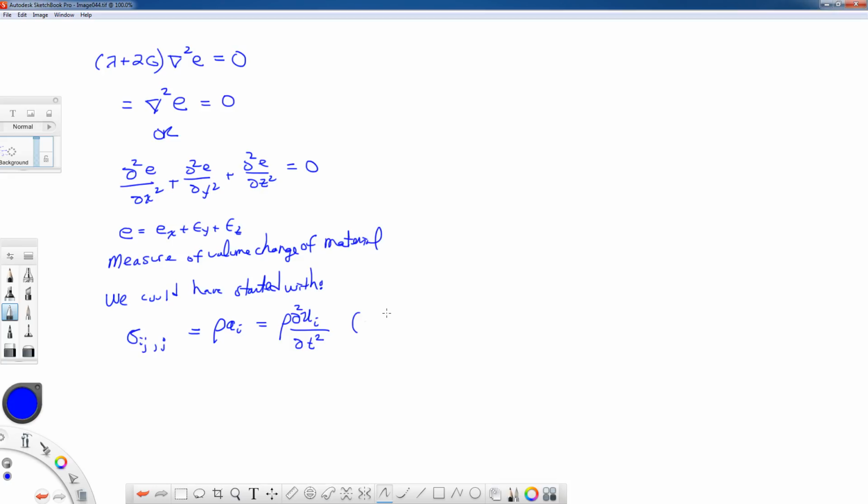I need to put here neglect body forces. And so we can write this as sigma ij comma j minus rho second partial of the displacement ui with respect to time is equal to 0. And we go through and we can do all that algebra again.